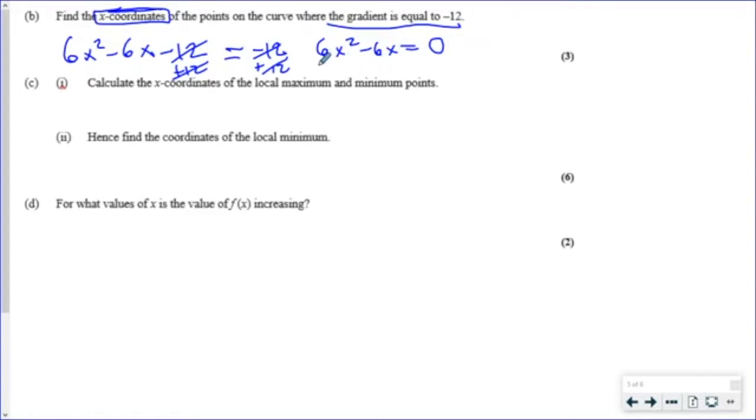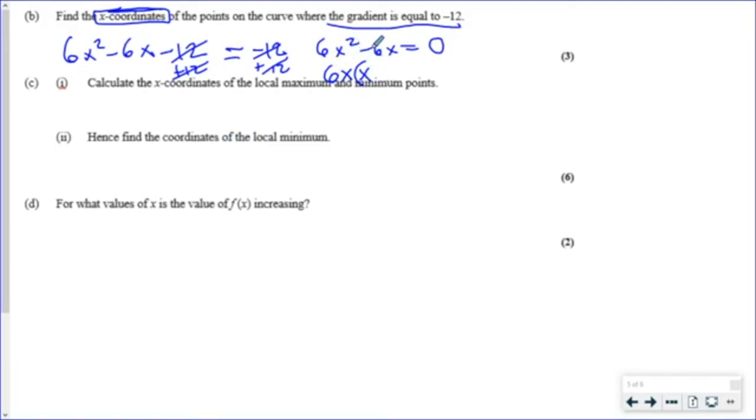Both of these have a 6 in common, so I'll take out a 6. What else do they have in common? They both have an x in common. I'll take out an x. So now what am I left with? 6x times what is going to give me 6x squared? x. 6x times x is 6x squared. I'm reverse distributing, right? It's too easy.